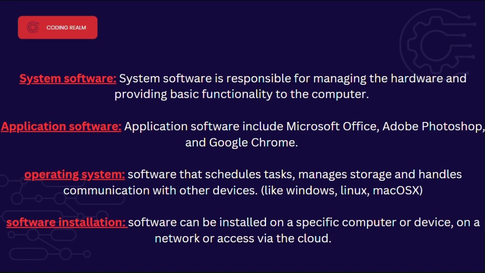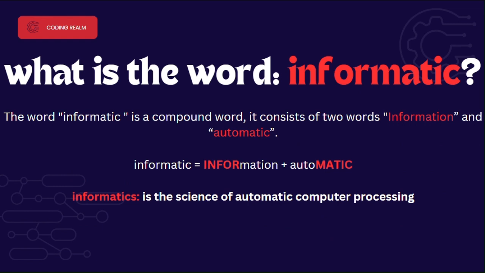Now, let's do a quick recap of what we have seen today. We learned today what informatics is. The word informatics is a compound of words. It consists of the words information and automatic. And informatics is the science of computer processing.